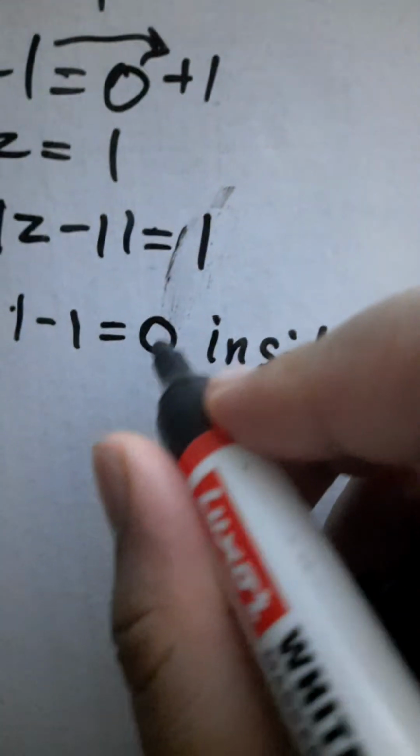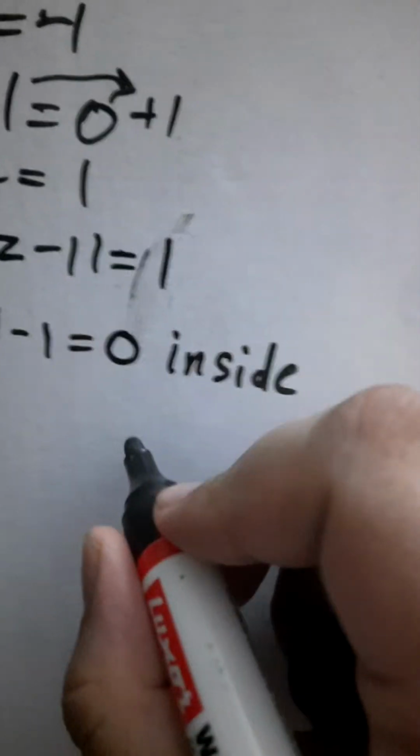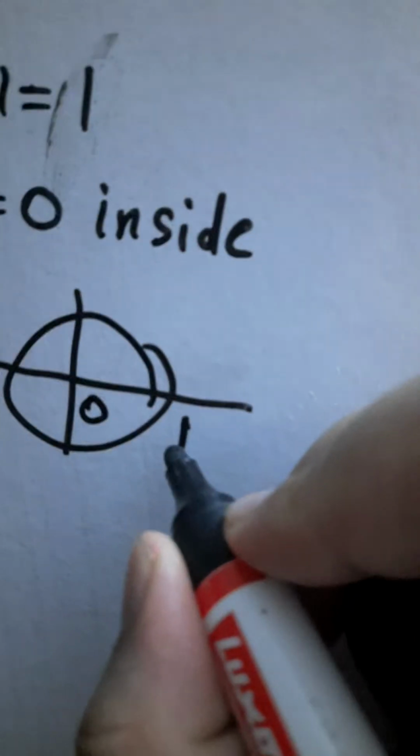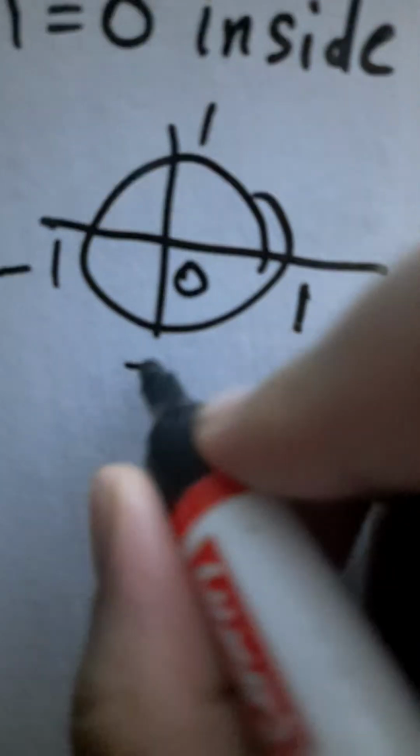If 1 is the radius and our point is 0, then 0 lies here. In a unit circle, a radius of 1 touches everywhere equally. Here it would go 1, here it would go 1, only the direction would change. Since this is the negative side, this is also negative, so 0 comes in between, so it is inside.